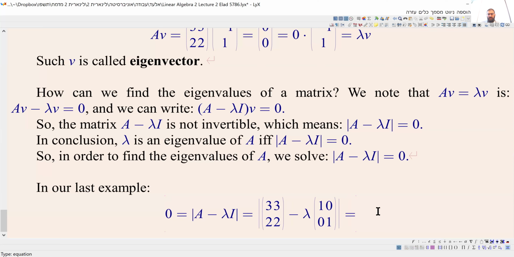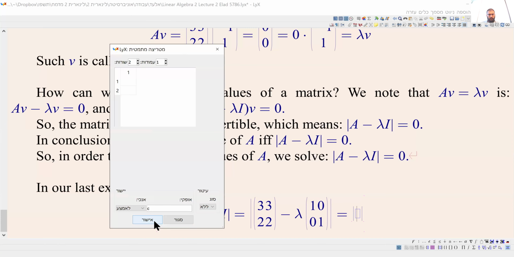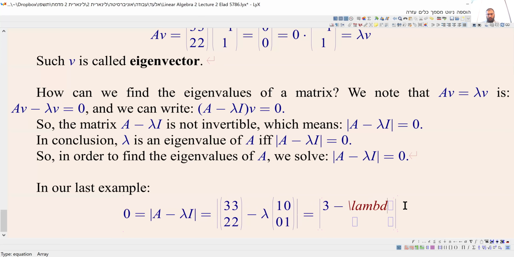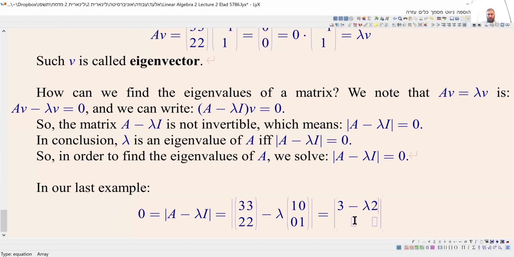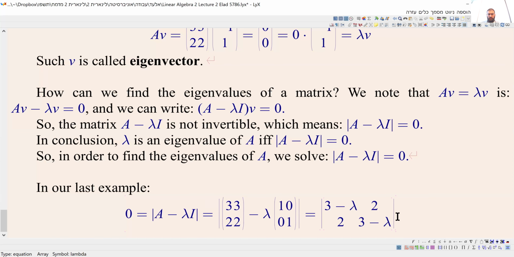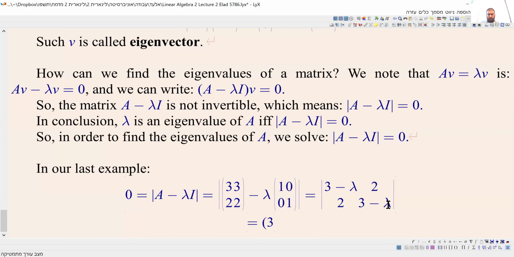Here we actually have the determinant of 3 minus lambda, 2, 2, 3 minus lambda. The determinant of a 2 by 2 matrix, we know how to calculate. It is 3 minus lambda multiplied by 3 minus lambda, minus 2 multiplied by 2.